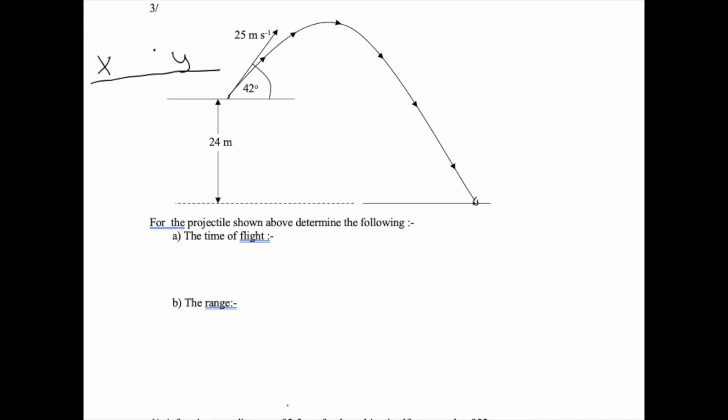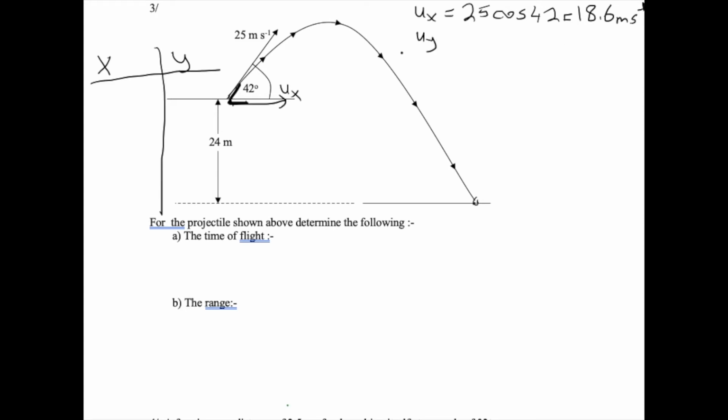So let's make our nice table. The UX is going to be 25 cosine, because x is adjacent to 25 here. This is UX. So I'm going to multiply it by cosine of my angle. This is going to give me 18.6 meters per second.